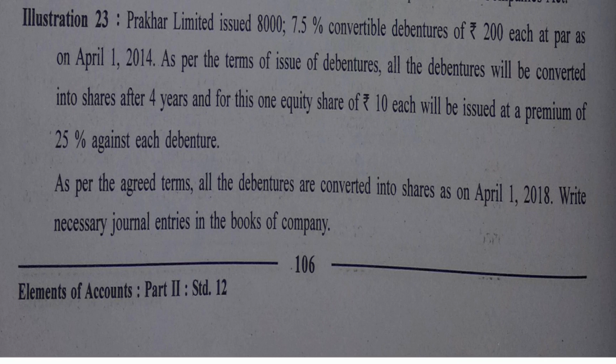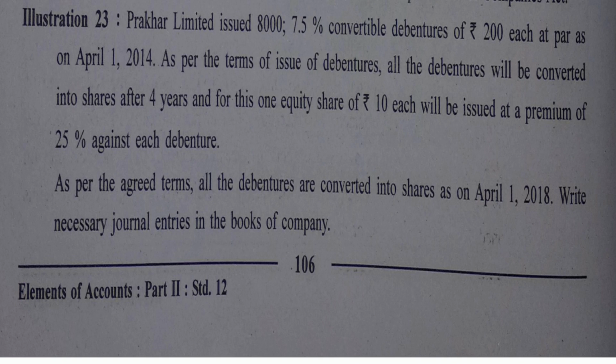Let us understand the question firstly. The company has issued 800 7.5% convertible debentures. Convertible debentures means what? The debentures will be converted into shares. What is the face value? 200 each at par. The debenture has been issued at par. What type of debenture?